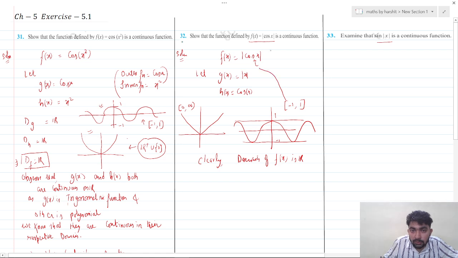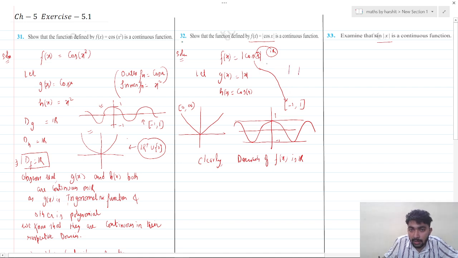Okay, so first of all, we will give input to this x, the x which is present here. From the complete R we will give input. Okay, and this cos x output is in between -1 to 1, and after that, the output which we came, we need to apply mod on that.